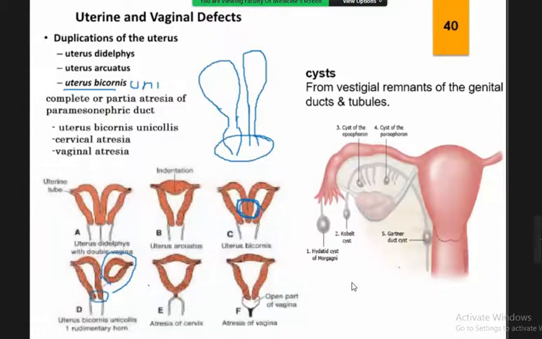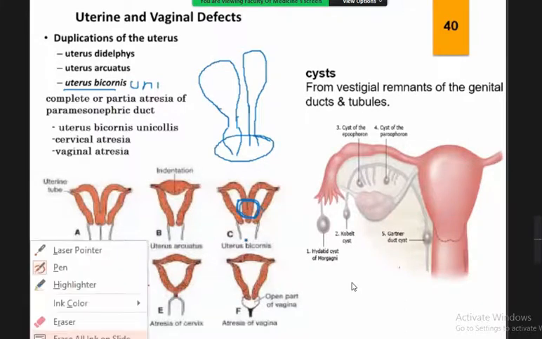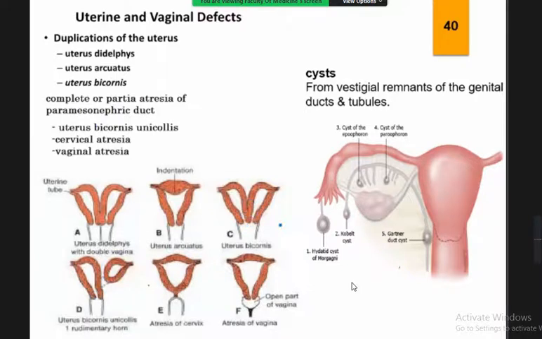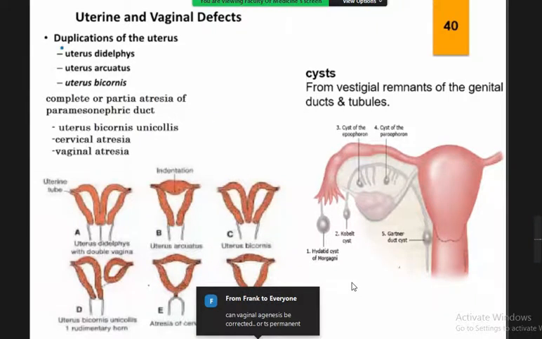Bicollis has double horns, but it also attempts to form a double cervix. Double horn, double cervix. The most important thing I want you to appreciate here are the different forms that can form. You do not really go into the classes, the classifications.